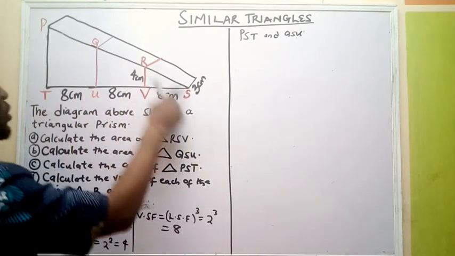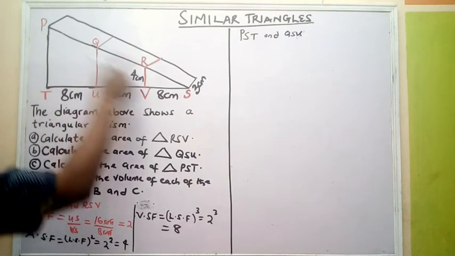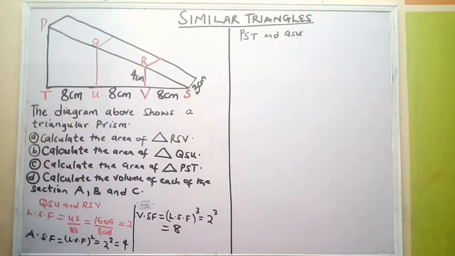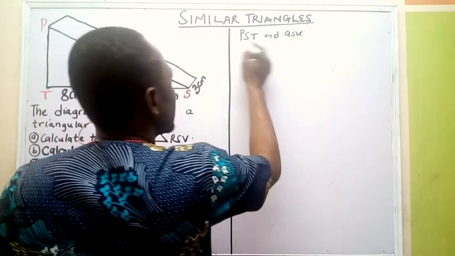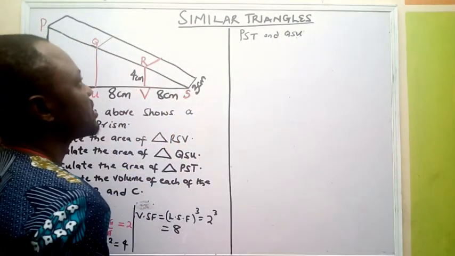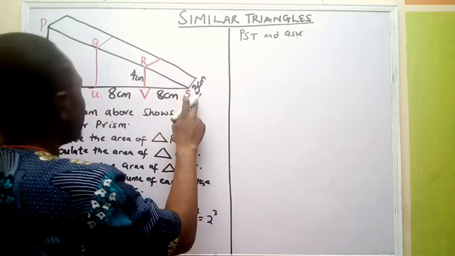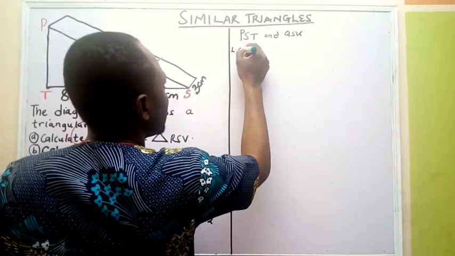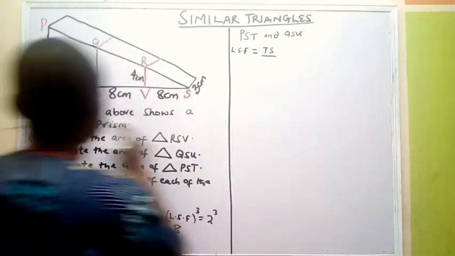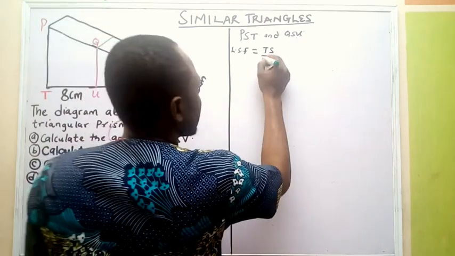PST and QSU are also mathematically similar because PST is an enlargement of QSU. So I need to get the length scale factor. Since they are mathematically similar, to get the length scale factor I'm going to say the larger corresponding side, TS, divided by the smaller corresponding side, US.